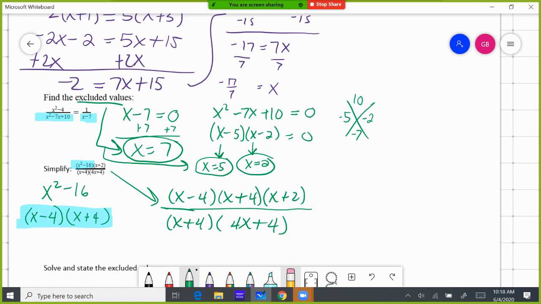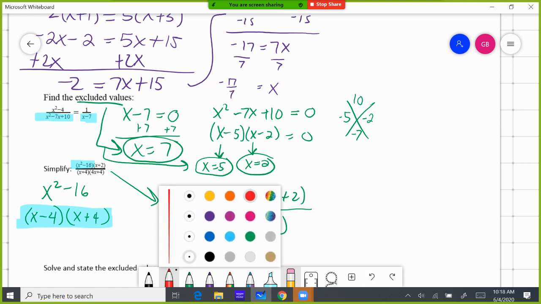Okay, now that I factored it, I'm going to find something that I could cancel. It has to be the same on top and the bottom. So we have an x plus 4 on both the top and the bottom.